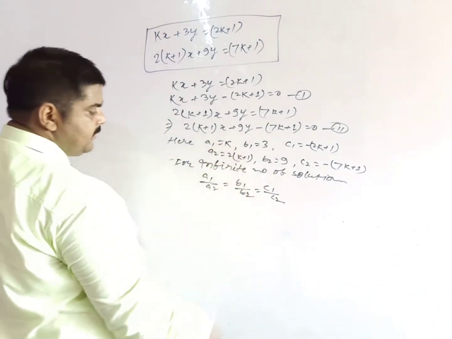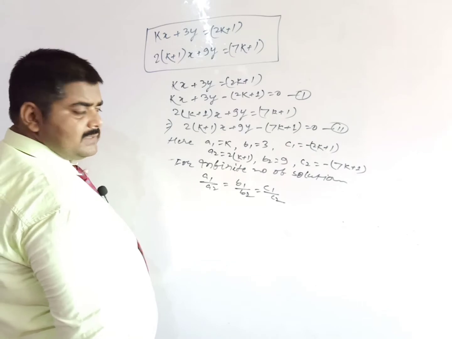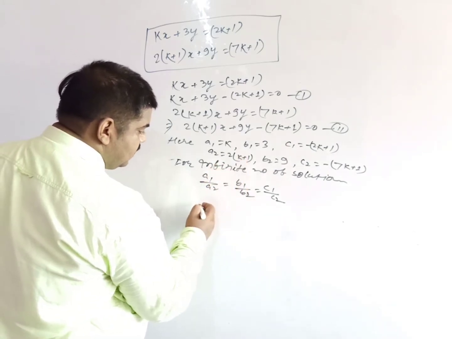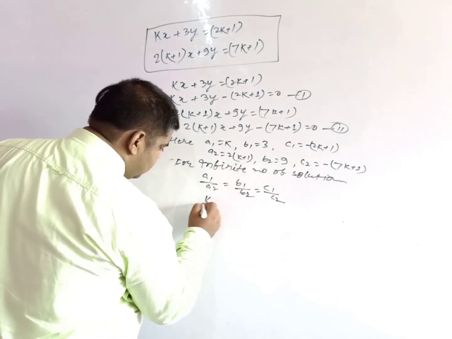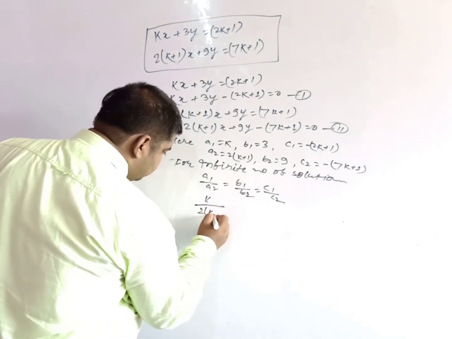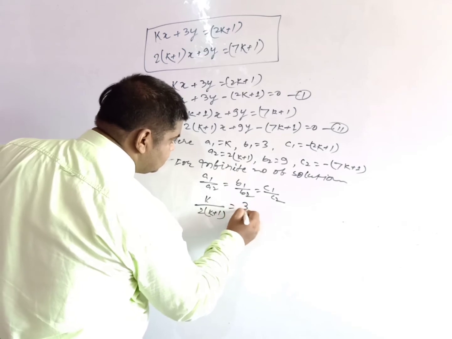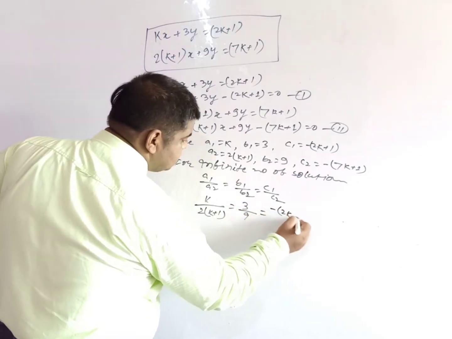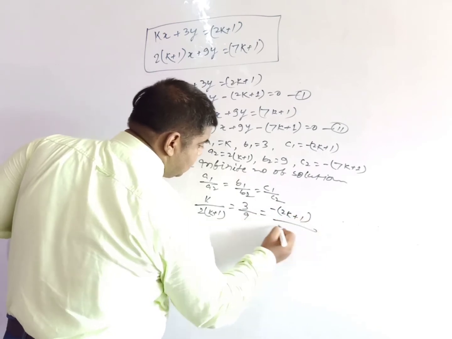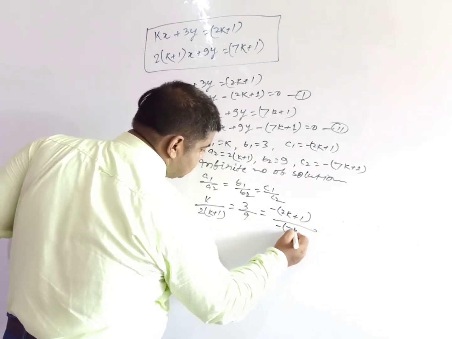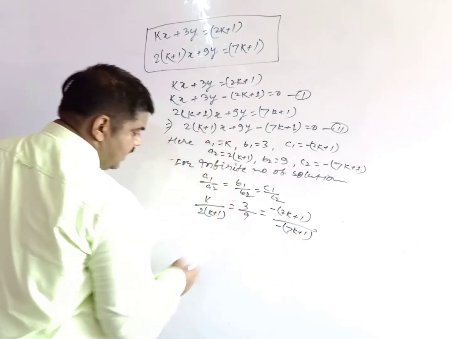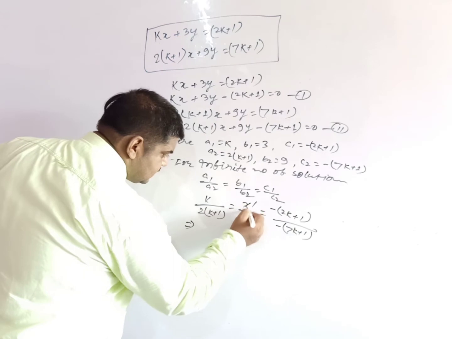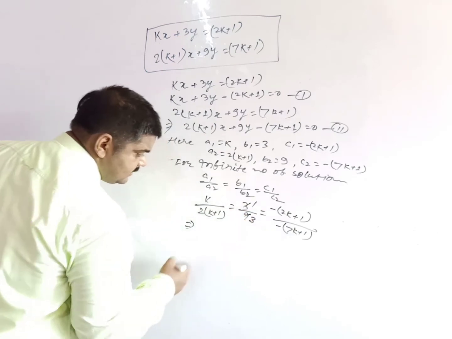Putting in all the data, you need to adjust and find the value of k. So k upon 2k plus 1 is equal to 3 upon 9 is equal to minus (2k plus 1) upon minus (7k plus 1). Now you can find the value. 3 ones are 3, 3 threes are 9.